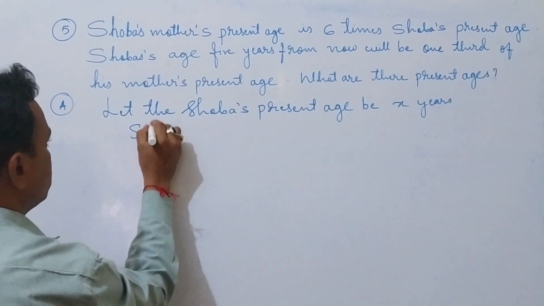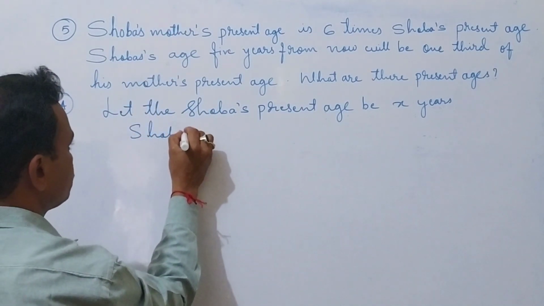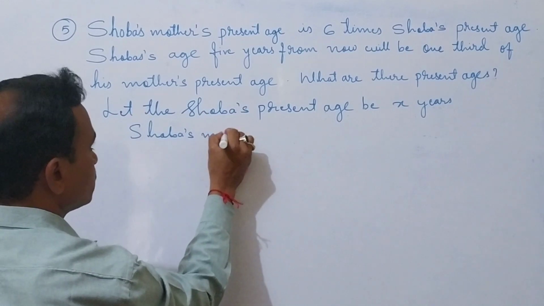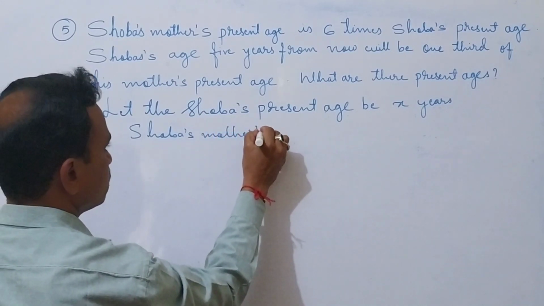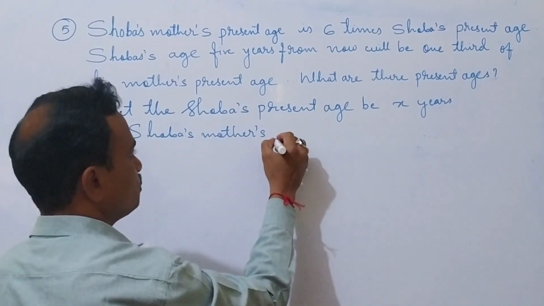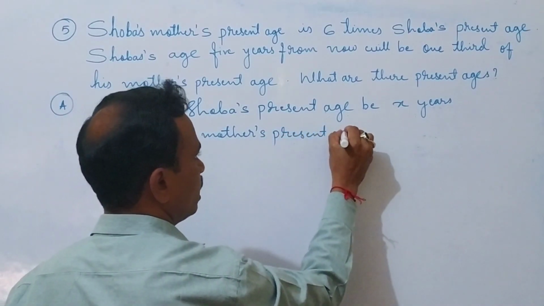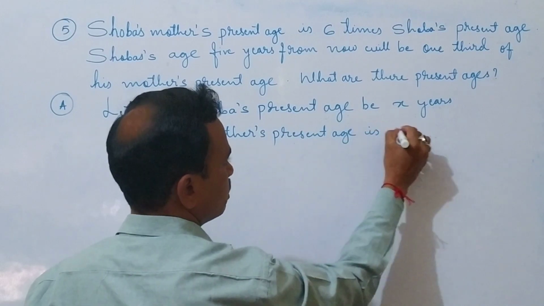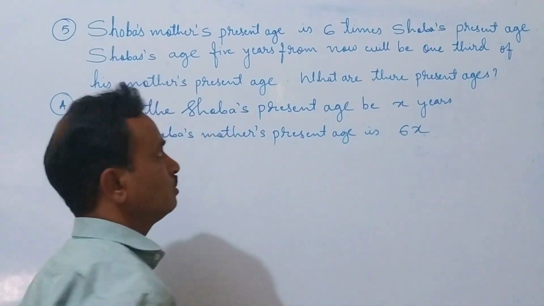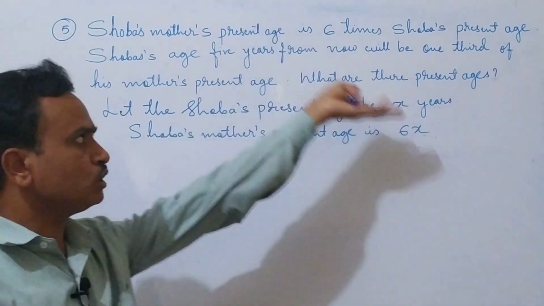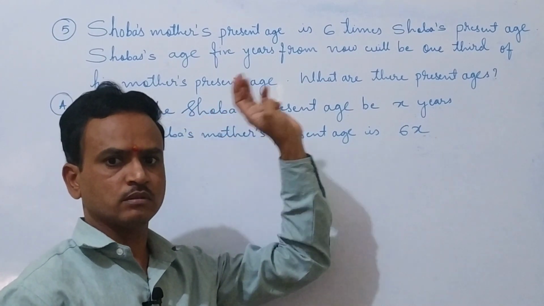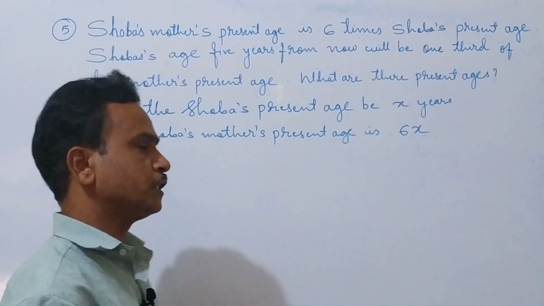Shobha's mother's present age is 6X because it is 6 times Shobha's present age.